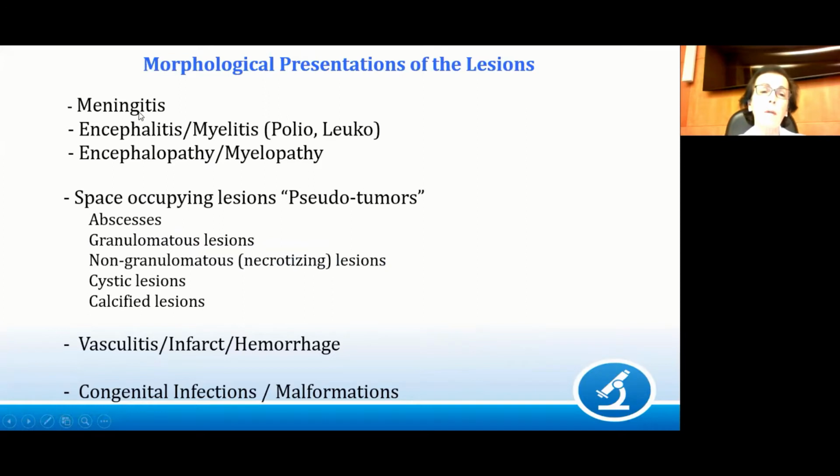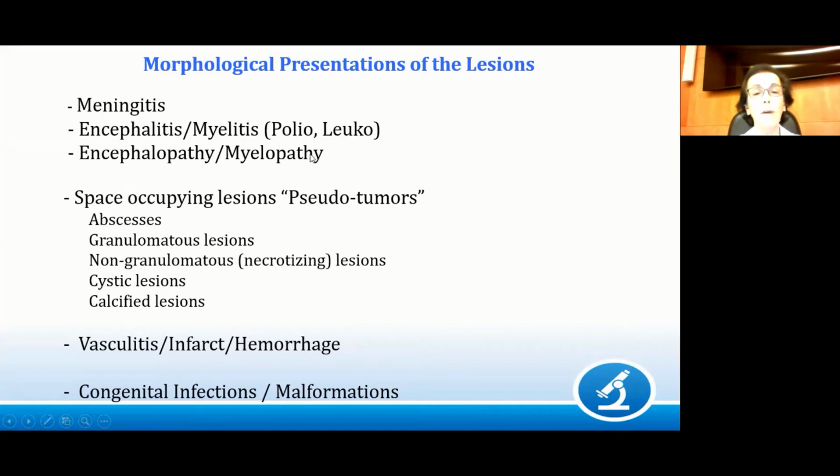Before showing the bacteria, I'd like to tell you that most of the lesions we are going to see show these aspects. Sometimes the same agent can cause more than one lesion, but meningitis, encephalitis, myelitis can be polio or leukoencephalitis, polio when they involve the gray matter, leuco when they involve the white matter.